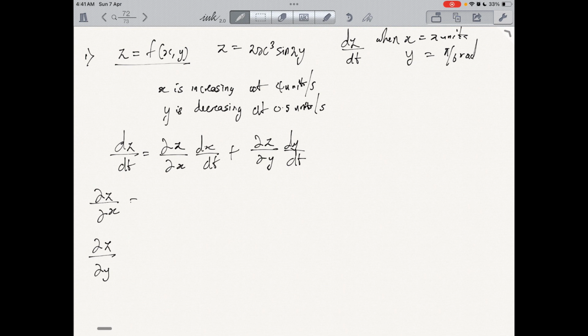Now dz/dx is differentiating partially with respect to x such that y is kept constant. And if y is kept constant, we have sine 2y multiplied by the differential of 2x cubed. And that will give us sine 2y multiplied by 6x squared, that is 6x squared sine 2y.